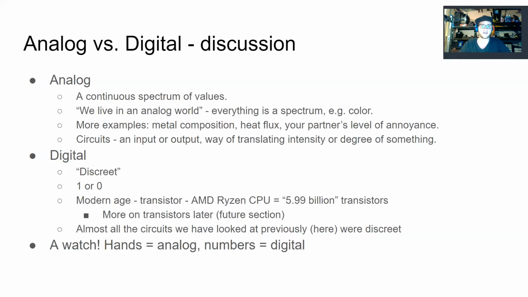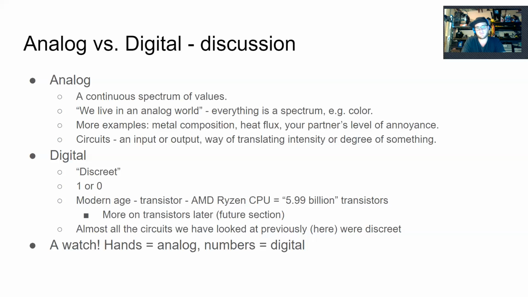Okay, so on the other hand, we have digital values. And as I said before, digital values are bits. They're on or off. They're a 1 or a 0, right? Sometimes these are referred to as discrete, right? Because it's a very, very quantifiable thing. The light is on or the light is off. There's no degree of on or offness of the light. It's either the circuit's closed or it's open, right?